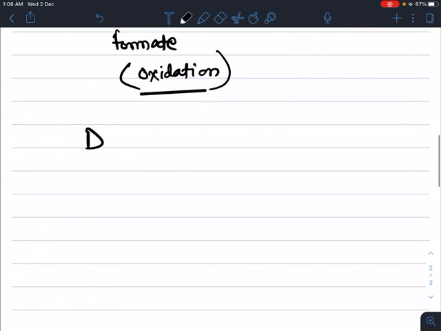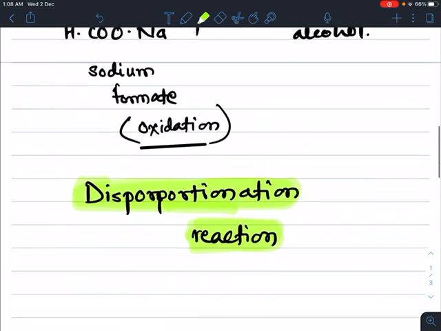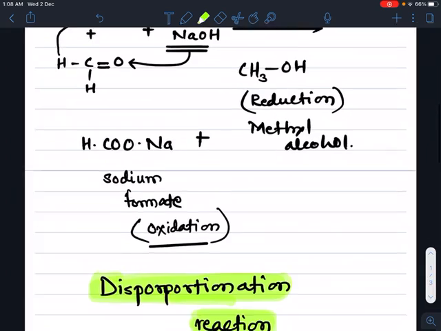So the Cannizzaro reaction is also called a disproportionation reaction because one aldehyde undergoes reduction and the other aldehyde undergoes oxidation. The same aldehydes undergo different reactions, and therefore this reaction is called a disproportionation reaction.